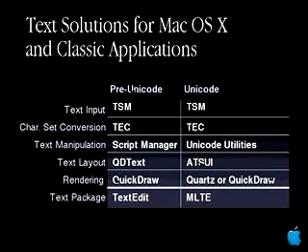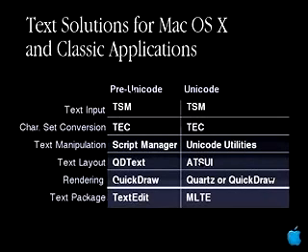Text input, where you could do it with the event record where you get a key down, or you could be using TSM, Text Services Manager, if you need to handle 2-byte scripts. The character set conversion has been used by TEC, the text encoding converter. I'm sure you have heard about that. Text manipulation, the script manager, the text layout, and the rendering, as you all know, QuickDraw Text and QuickDraw.